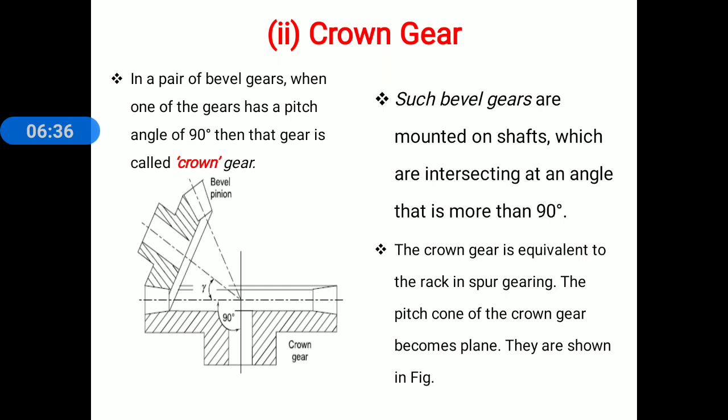Remember this. Such bevel gears are mounted on shafts which are intersecting at an angle more than 90 degrees. The crown gear is equivalent to the rack in spur gearing. Observe the sketch.